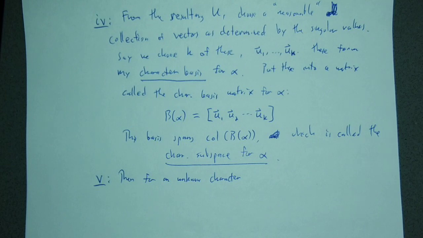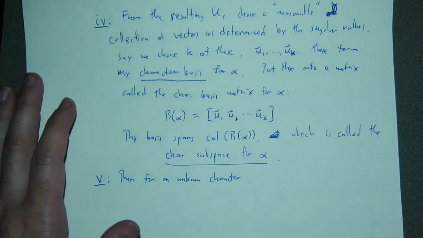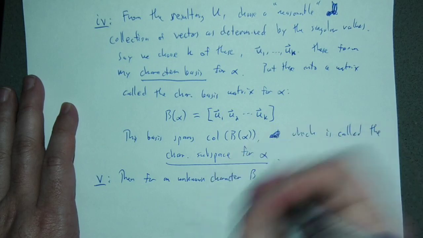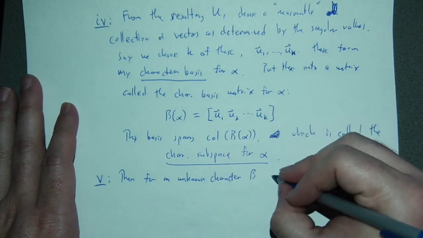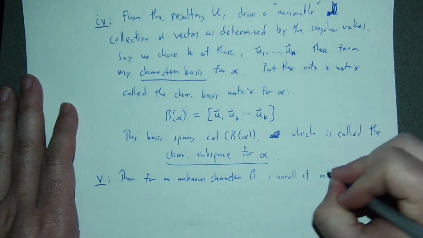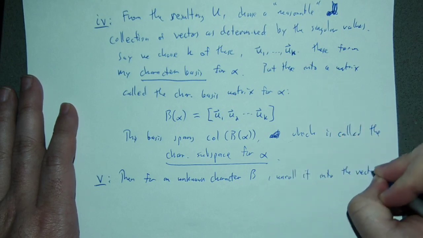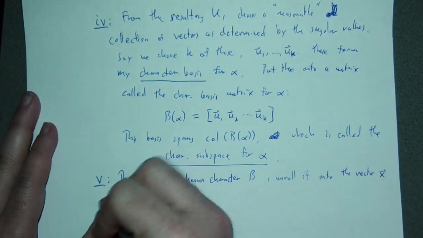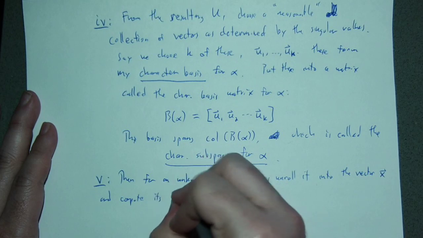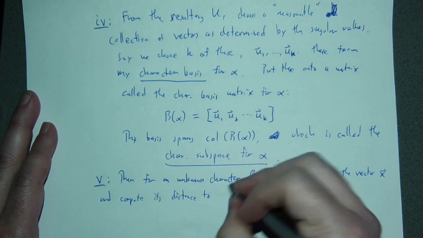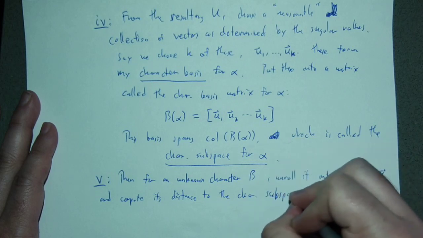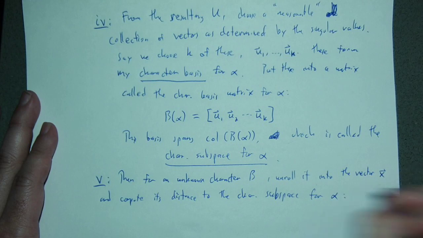So say if this is an unknown character beta, unroll it into the vector x and compute its distance to the character subspace for alpha.